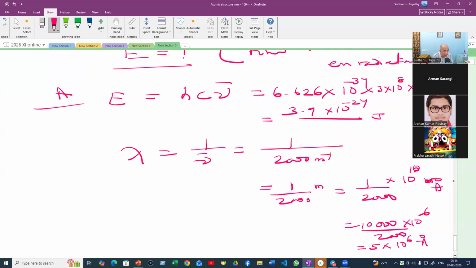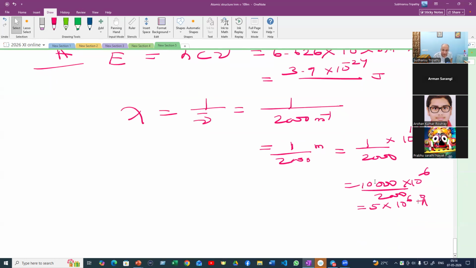Am I correct? Please make sure that I am not committing any mistake in calculation. If that is so, check with your table to which region it belongs. Sir, infrared. Precisely, infrared is 7,600 angstrom to 6 times 10 to the power 6 angstrom.